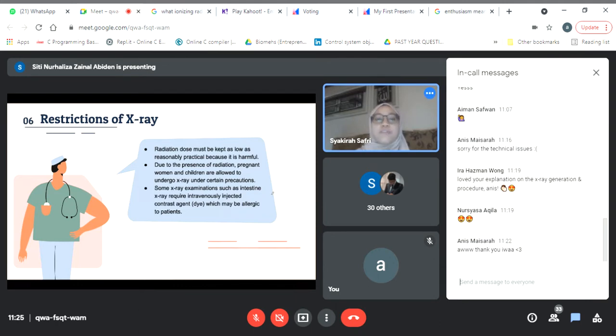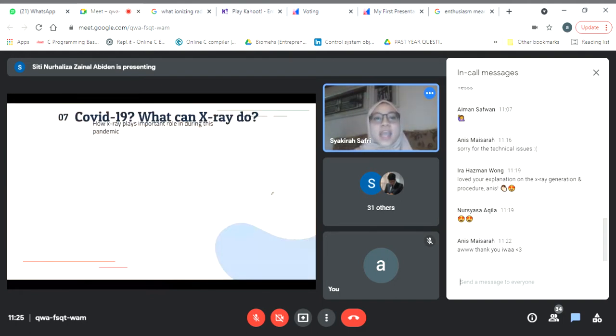But if you get any of these side effects, you don't need to be worried. It's just one of the allergic effects. But if it continues, then you may need to refer to the doctor.